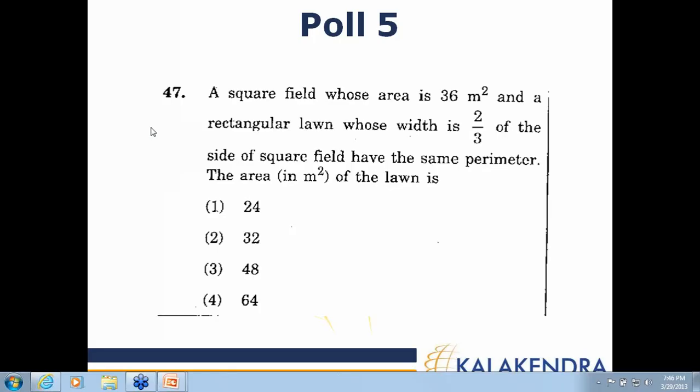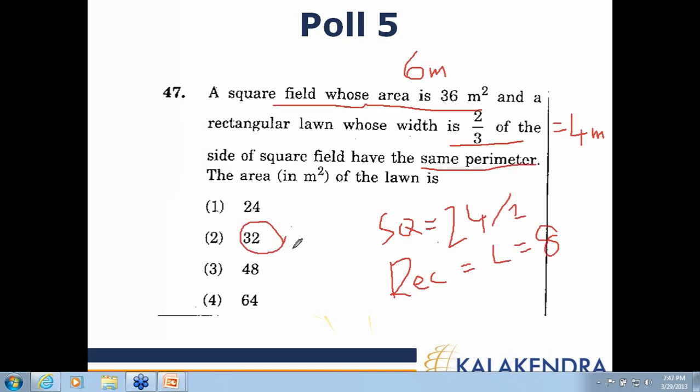So those of you who marked 24, I'm sure you probably got confused with the perimeter of the lawn as 24. So again, it's important to note what it is that I'm trying to find out, and accordingly I need to respond with the correct answer.